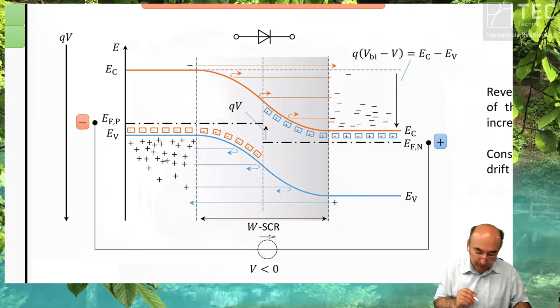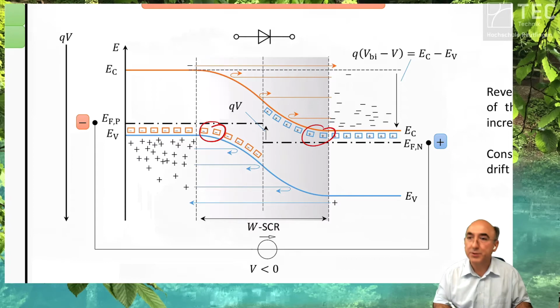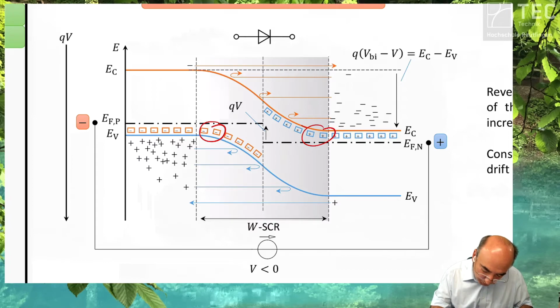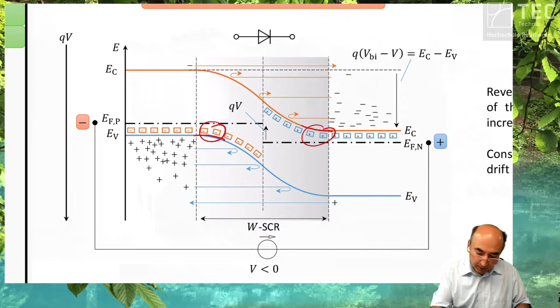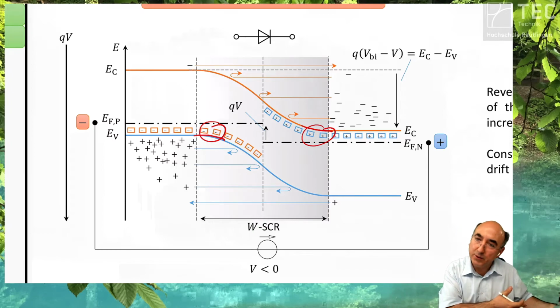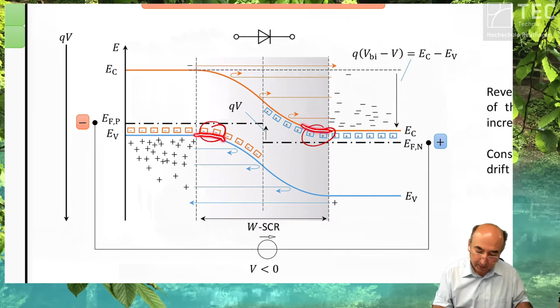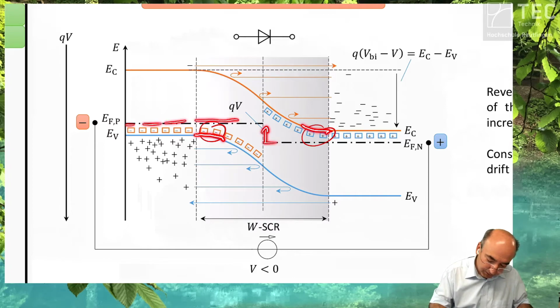And what has happened? You have perhaps two more charges here, which cause more bending. More charges, and thereby after two times integration, we have this bending, you know? This additional bending causes the separation of the Fermi levels.